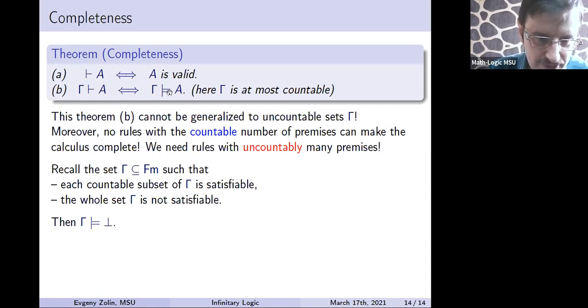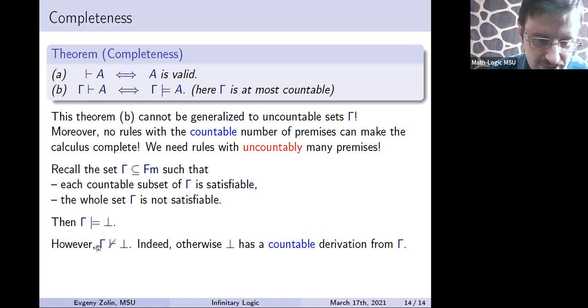Then, if we were able to prove this very strong completeness, we could obtain that from gamma we can derive false. But this is impossible, because false is not derivable from gamma. If it were derivable, then false must have a countable derivation from gamma.